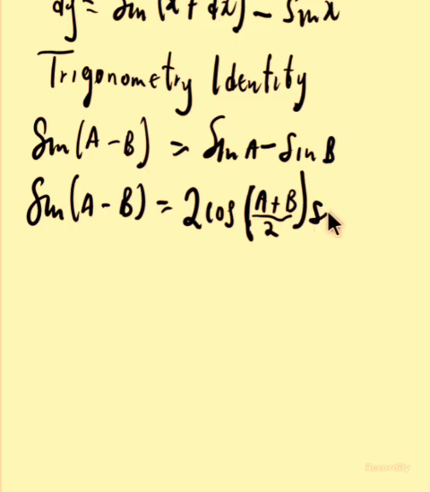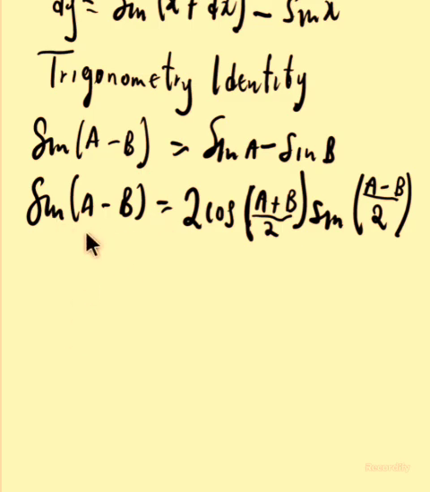times sine of a minus b divided by 2. So this is what I mean by the half angle of this trigonometric identity.